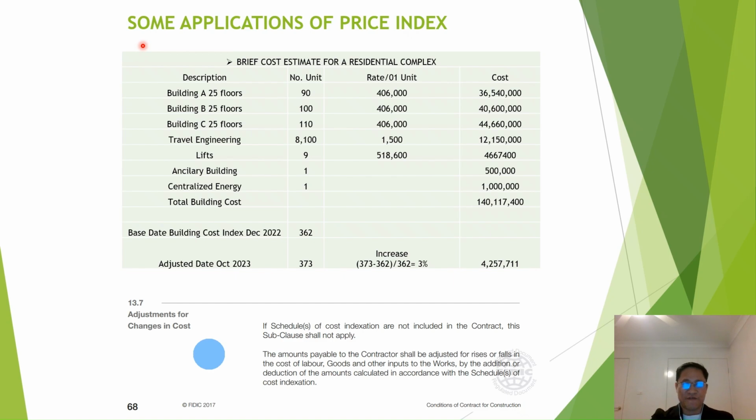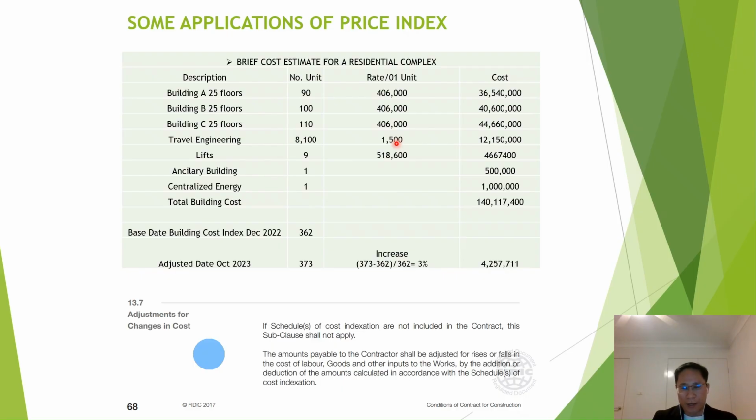So as for some application of price index, if we refer to this table, we see a brief cost estimate for a residential complex. A brief cost estimate is an initial budget for a project when the client initiates it and gives a business idea about developing a project.